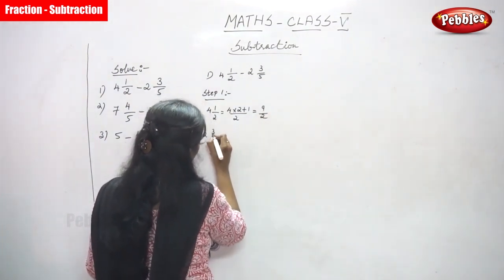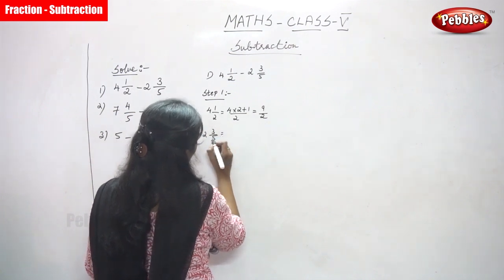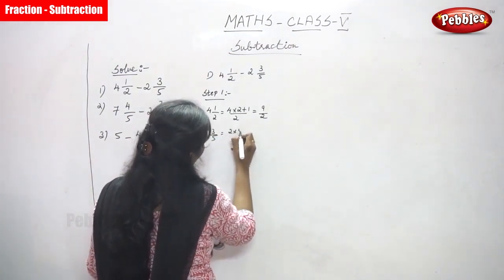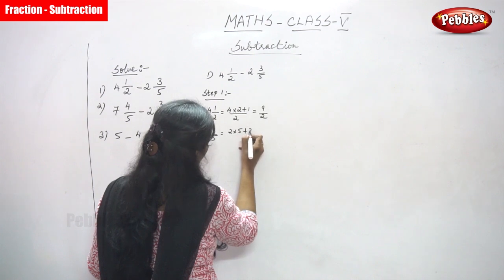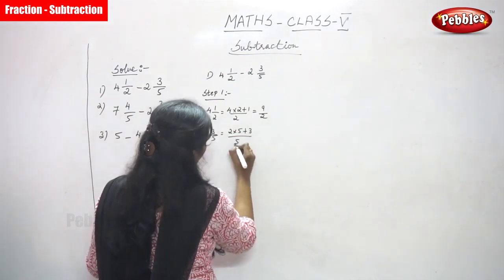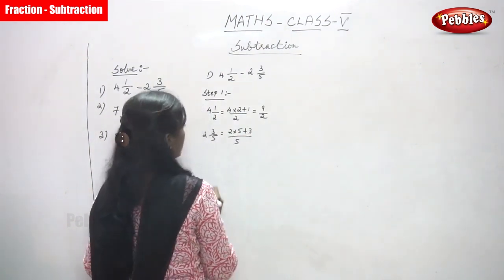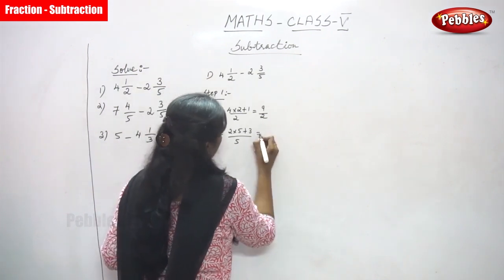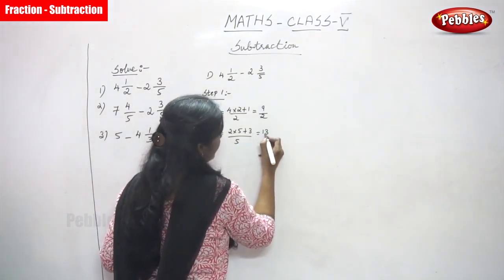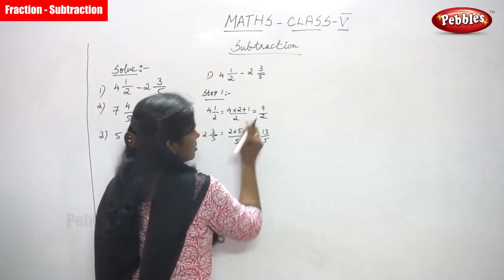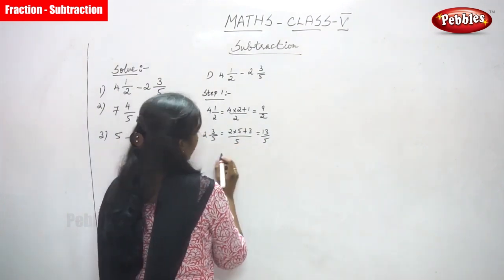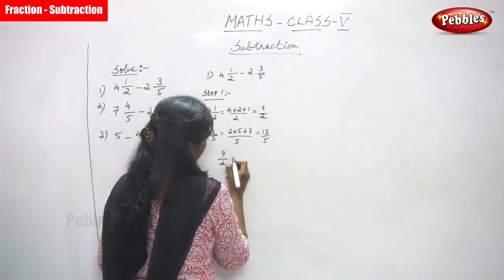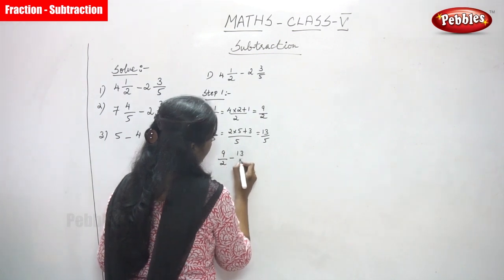Next, 2 3 by 5: 2 into 5 plus 3, divided by 5. That is 2 into 5, 10, 10 plus 3, 13, so 13 by 5. So now the numbers are 9 by 2 minus 13 by 5.